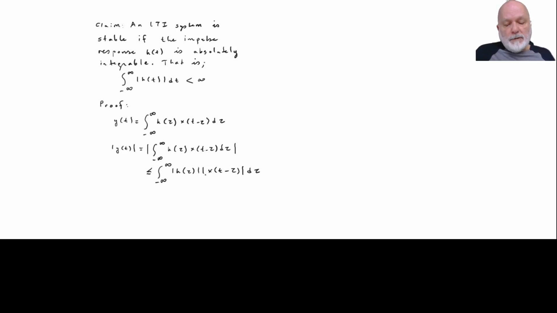Now, we know that we want to show the following: for any bounded input, the output must be bounded. So let the input be a bounded input. Therefore, there exists a positive constant M such that the magnitude of the input is less than or equal to M. We need only an upper bound.